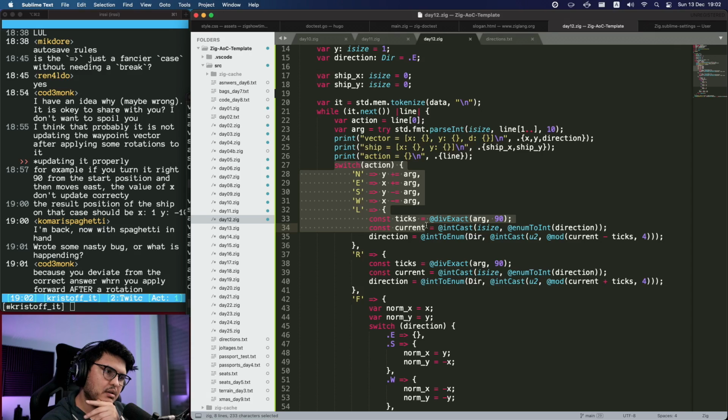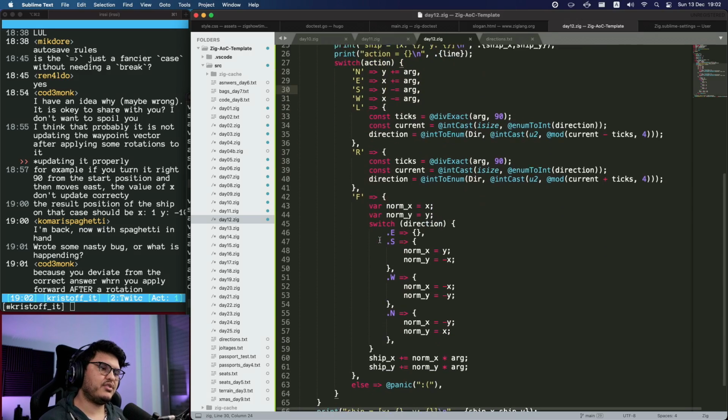But why was this code correct for the ship case? Well, the ship wasn't a vector, so maybe that's the problem.